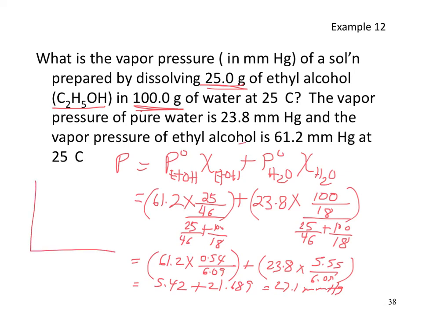So one can say that if ethyl alcohol was here and water was here, maybe I can color code that. Water was here, H2O. Ethyl alcohol was here, EtOH. This kind of a mixture is going to look similar to water, just a little bit more, because we have a greater amount of water in the system as compared to ethyl alcohol. Of course, we are plotting pressure versus temperature.